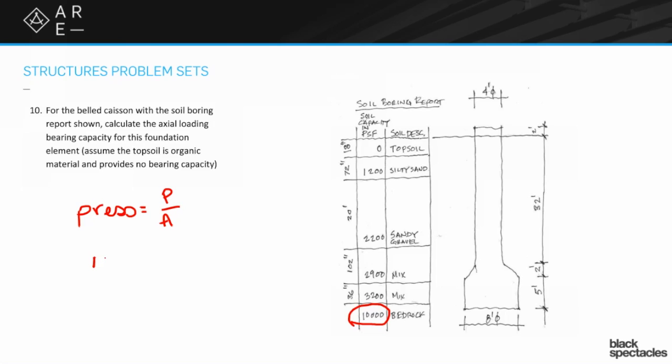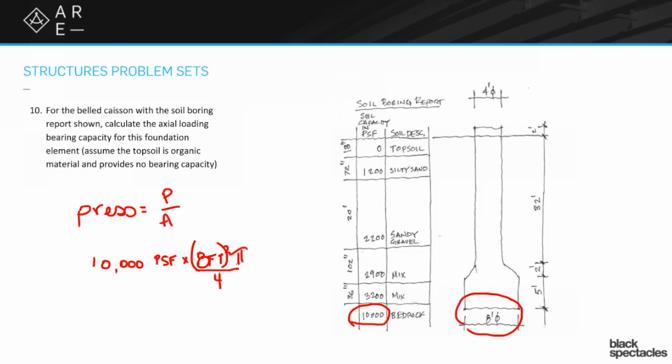So we want to take that 10,000, and it was in PSF, I think, is what everything is given in. So it's 10,000 PSF times the area of that circle down here at the bottom. I'm going to write it out in terms of diameter, but it is pi r squared. I tend to think in terms of diameter too much today.